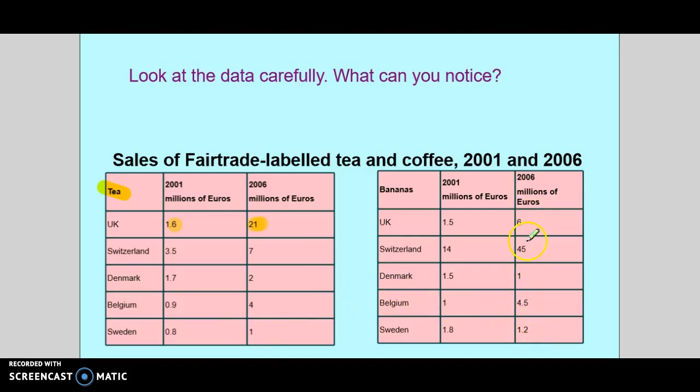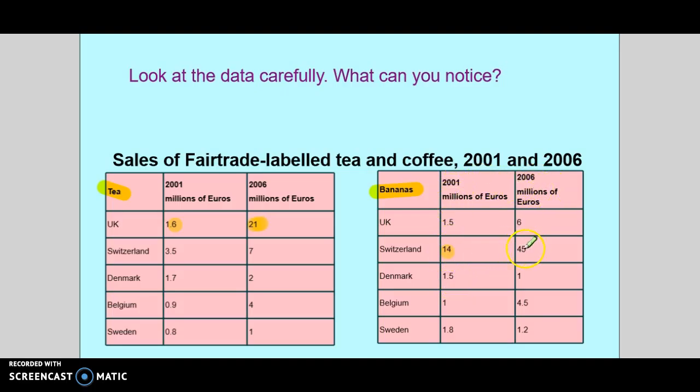What I can notice immediately here in the bananas table is that not every country increased spending, or not every country sold more bananas in 2006 compared to 2001.